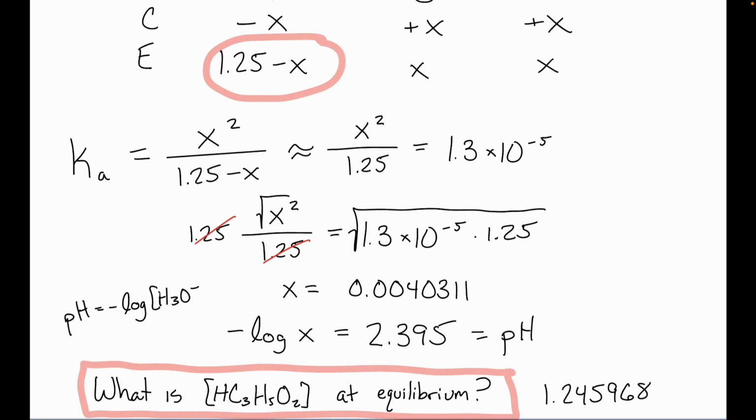Which again is very close to that 1.25, which is why we were able to make that assumption up here in our math, to discard that minus x on the bottom.